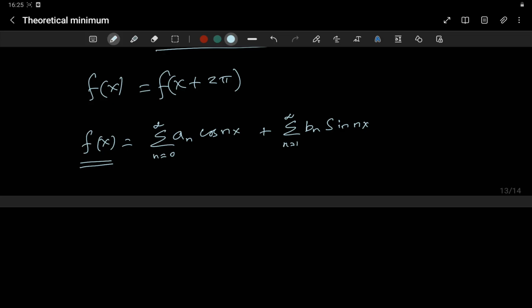What is the basis set? The basis set contains sin x, sin 2x, sin 3x, sin 4x, all sin nx, and then cos x, cos 2x, cos 3x, all those things. And also 1; 1 is also another function. Are they orthonormal in the interval of 0 to 2 pi or minus pi to pi?